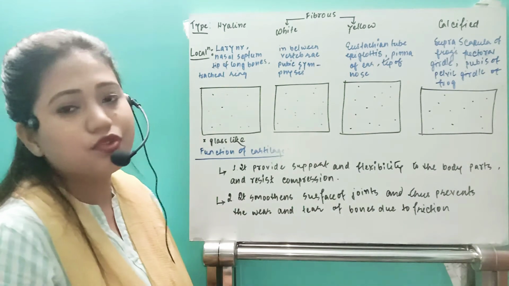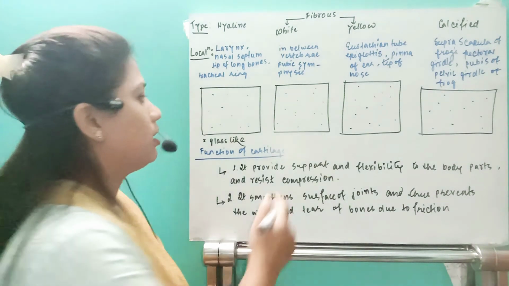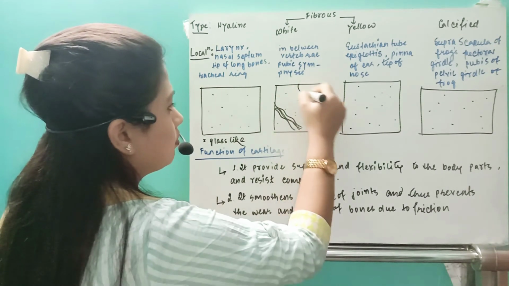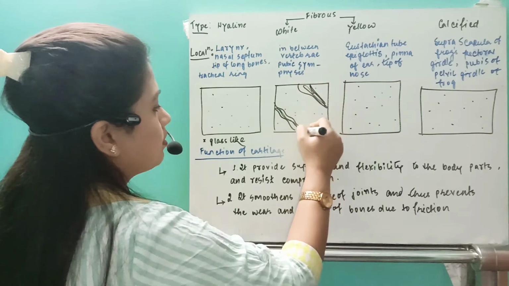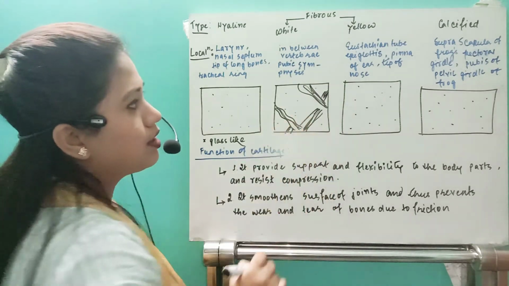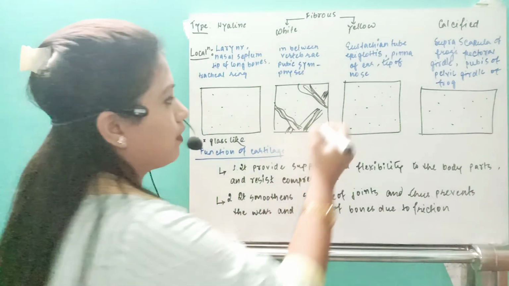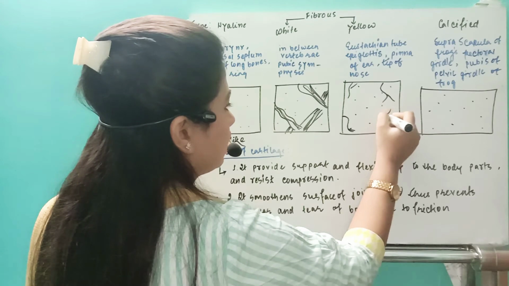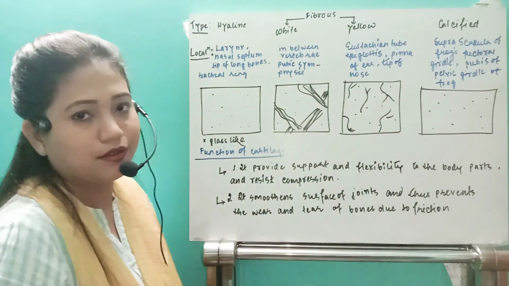Next one, the white fibrous cartilage, where we are going to see the white fibers. So white fibers are present, right? If it comes to the yellow fibrous cartilage, then we are going to have the Y-shaped yellow fibers like this, okay?